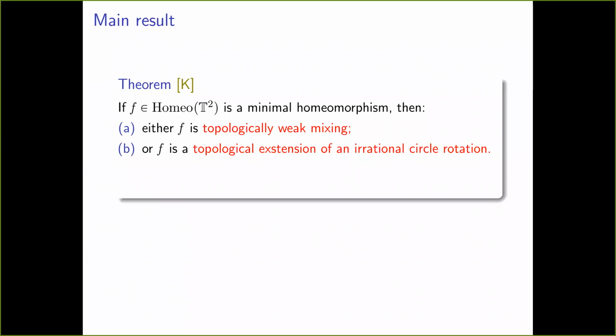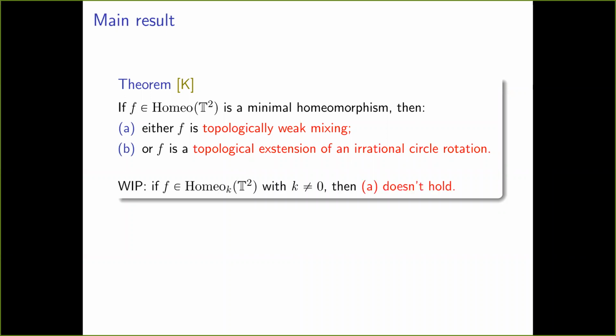It's the following: if you have, sorry, here it's orientation preserving, a minimal homeomorphism, then you have a dichotomy. Either it's a topological extension, meaning it's semi-conjugate to an irrational circle rotation, or it is topologically weak mixing. This is the dichotomy I want to show.